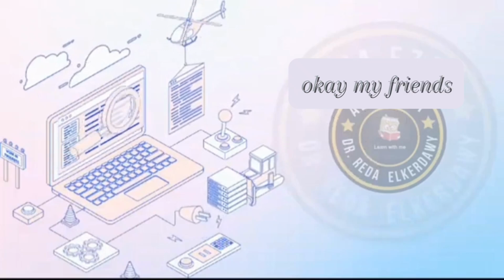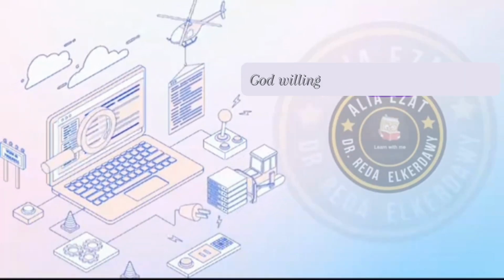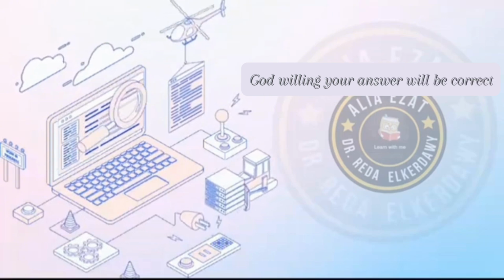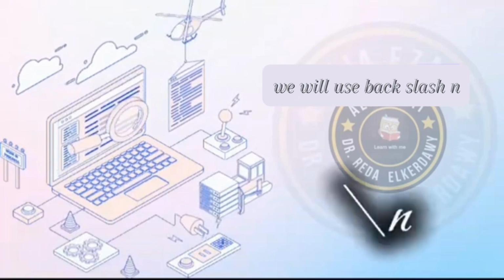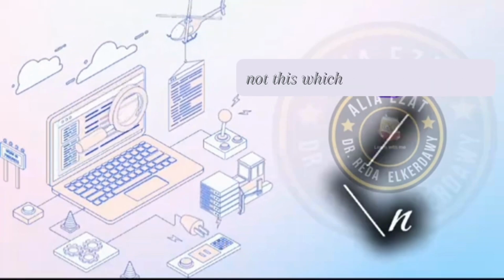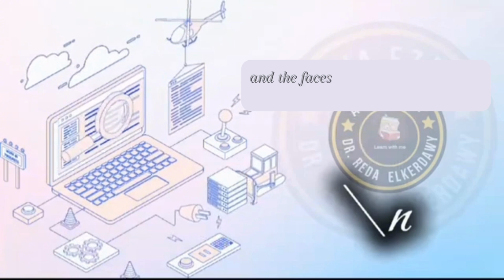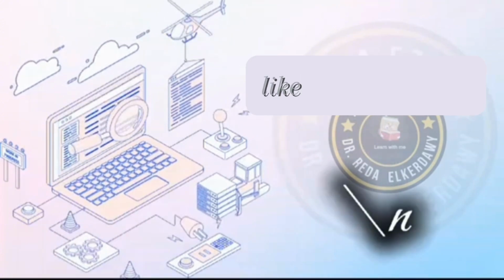Okay, my friends. I hope you have answered, and if you have, God willing, your answer will be correct. We will use \n. The important thing is that we use this slash, not the one pointing to the left. We will write it inside the parentheses and the double quotation marks like this.